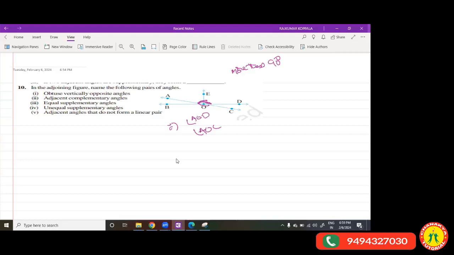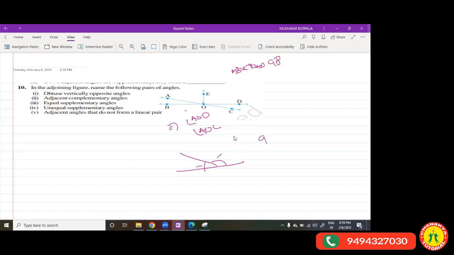Okay, adjacent, supplementary angles, complementary angles. Adjacent means beside. For example, this angle and this angle, these two angles are called adjacent angles, exactly beside each other. So here what are the adjacent complementary angles?